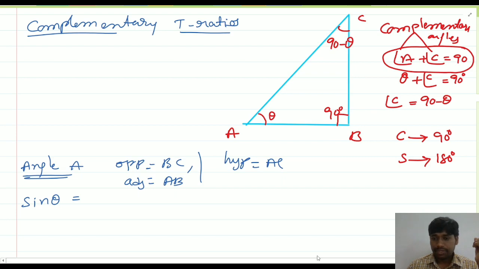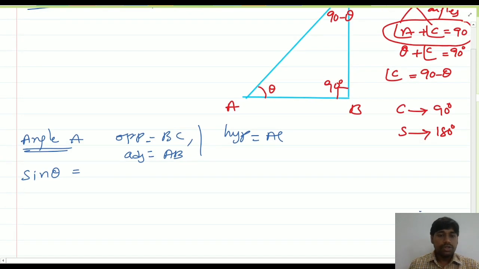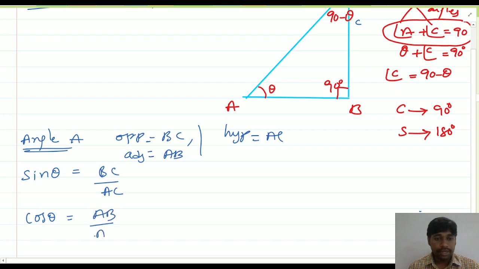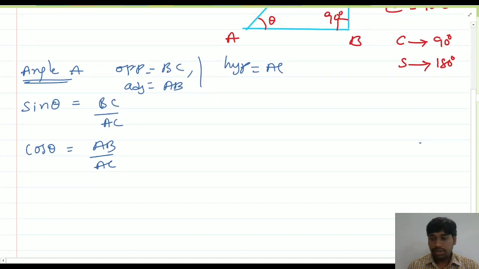Write how much you remembered yourself, you can check from here now. So sin theta means opposite, that is this side BC, upon AC. Cos theta is adjacent upon hypotenuse, that is AB upon AC. Tan theta we can write as BC upon AB, that is opposite by adjacent.